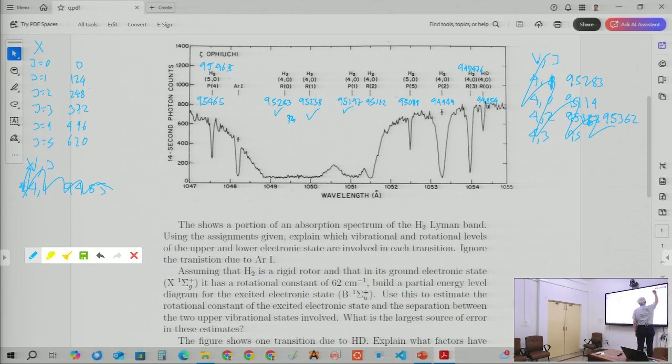So you need E upper equals the wave number minus E lower, which is 0J. So we do R1 first, because that'll give us V equals 0, J equals 0. And we have to subtract 124 off that number.